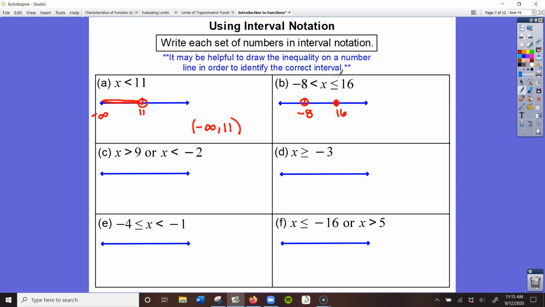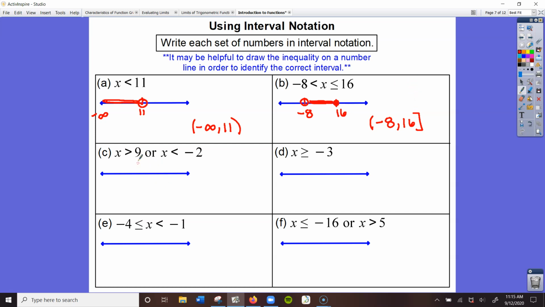So when you see inequalities written this way, it's exactly what it looks like. The x is the shaded region in the middle. So therefore, the domain of this function would be parentheses, negative 8, comma, 16, and then a bracket, since that 16 is included.